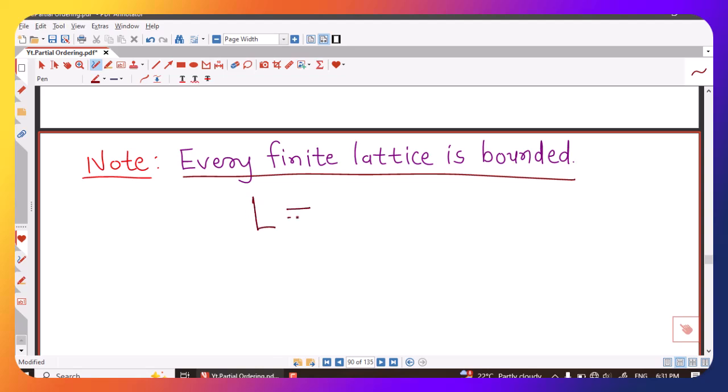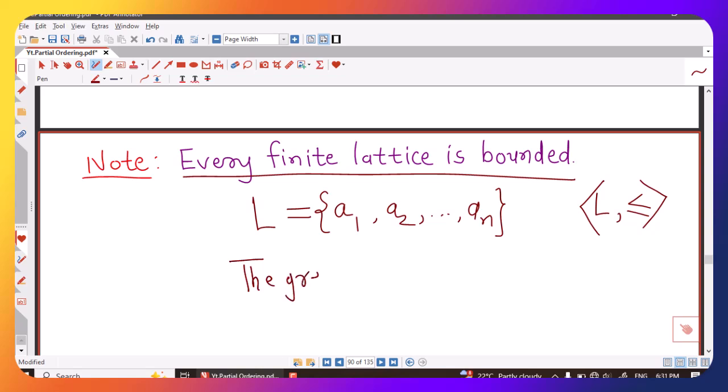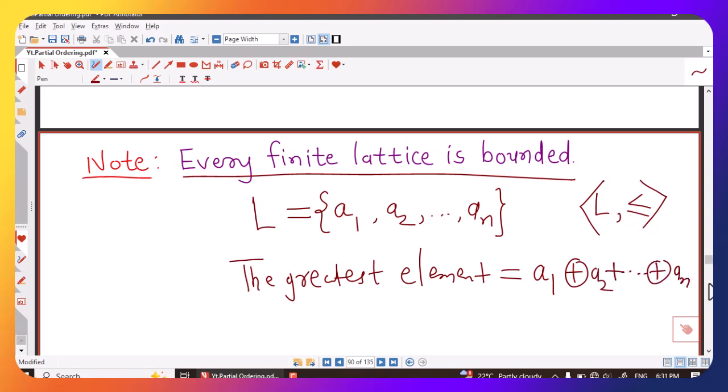Suppose I have L equal to finite number of elements, say A1, A2 up to An, then L is always bounded. Suppose we consider arbitrary L with arbitrary partial order relation, and suppose L is given by A1, A2, up to An, then in this case the greatest element will be equal to least upper bound of all these elements A1, A2 and so on An.